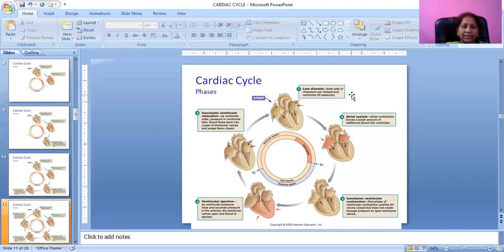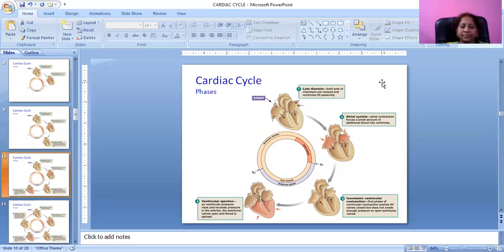In this figure, first is late diastole. In late diastole, both atria and ventricles are in a relaxed position. Ventricles fill passively, and in atrial systole, atrial contraction forces a little amount of blood into the ventricles.